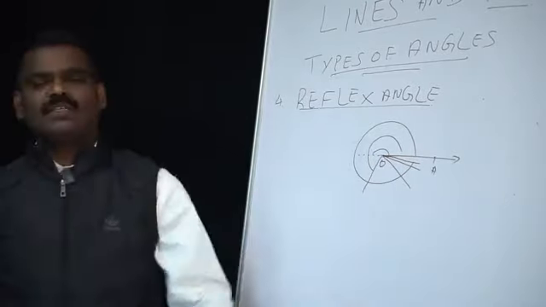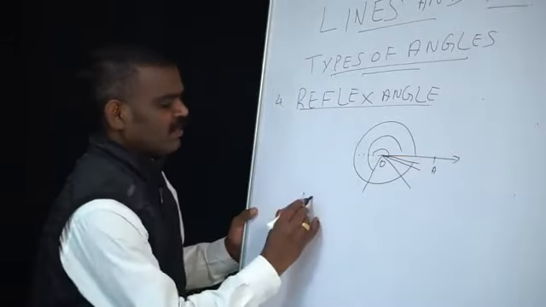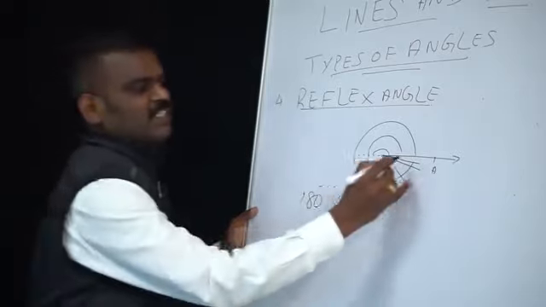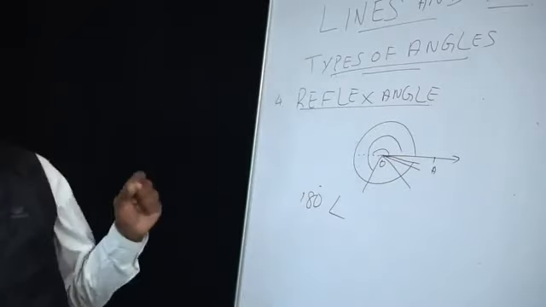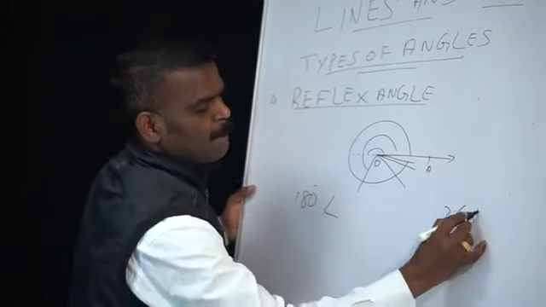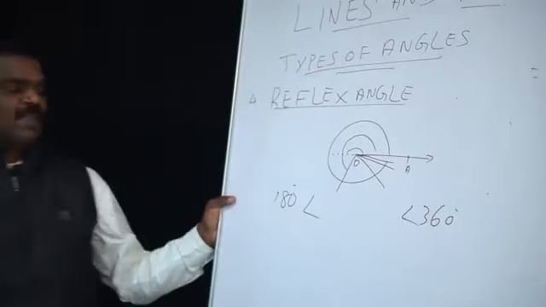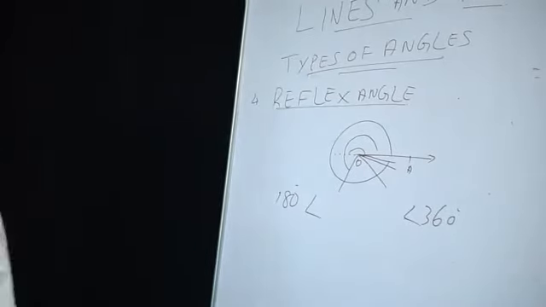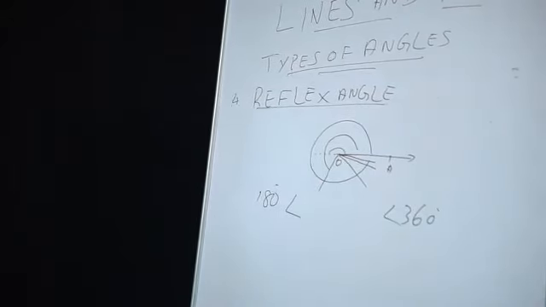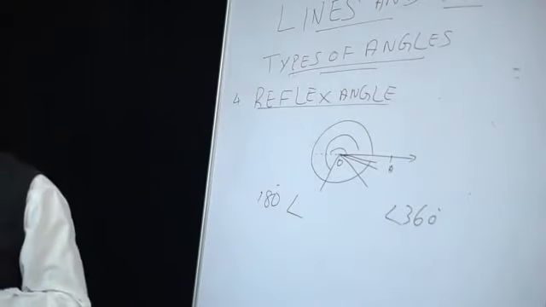It is more than 180 degree. If it touches here, it becomes a circle, so you should not touch. Circle has 360 degree. So, a reflex angle is more than 180 degree but less than 360 degree.